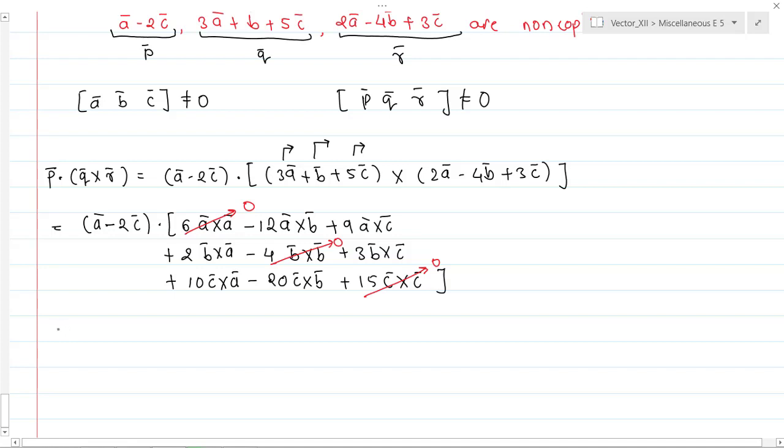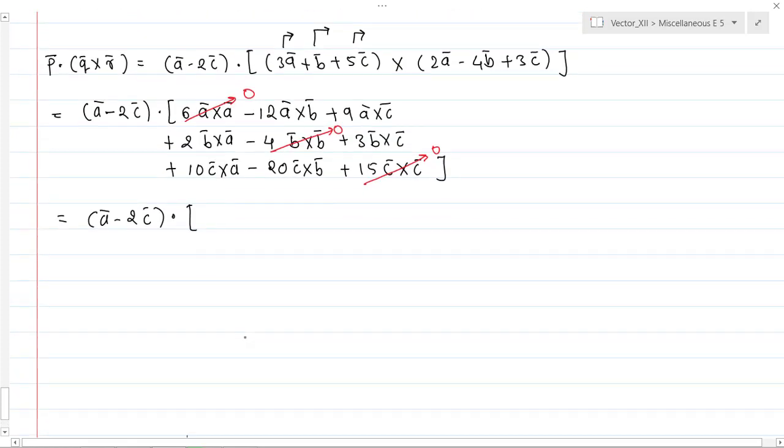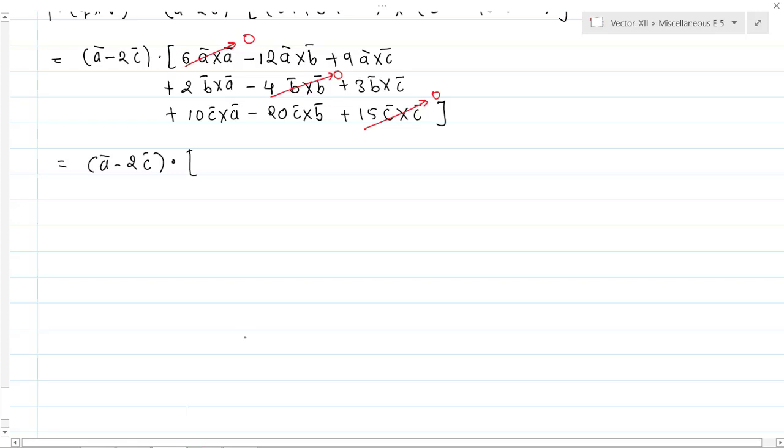So this is going to be equal to A bar minus 2C bar dot, and let's write what goes inside the bracket. I will change the minus to plus: plus 12 B bar cross A bar, since it was originally A bar cross B bar, I take the minus and write B bar cross A bar.